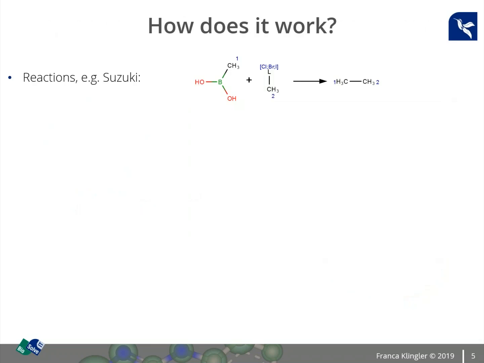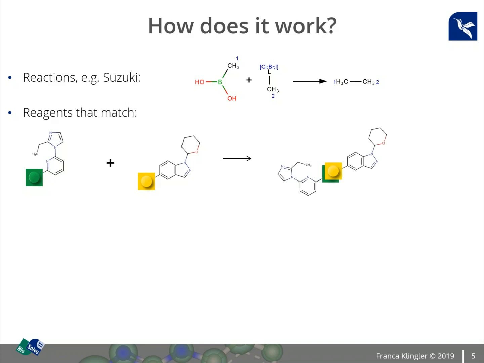We, as I said, teach the computer chemistry, like, for example, here the Suzuki reaction. And in the next step, we search for all the reagents that match. We remove the atoms that undergo the reaction and add those linker atoms, depicted here by the Lego bricks. On the product side, we really do not have a real molecule, but we have those fragments and the matrix that says which linker is compatible to which one.